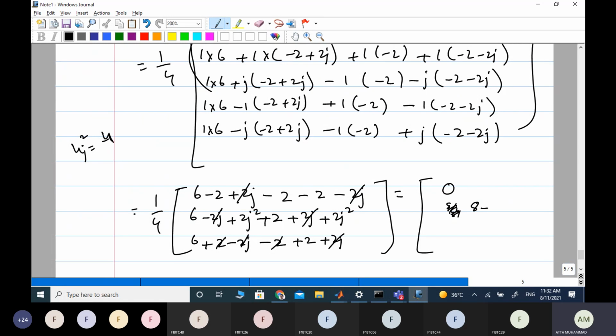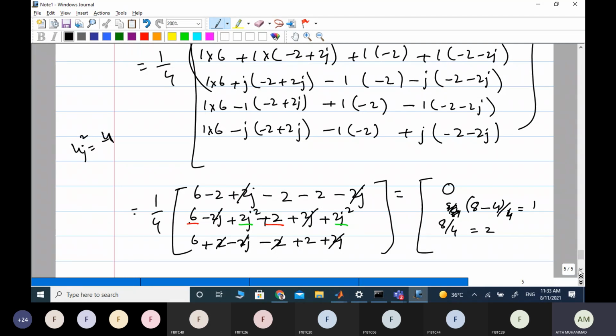This is 8 and minus 4, because when this is added with this term we get 8, but when these two terms are added, 4j square is minus 4. So again, when we divide it with 2 we get 8 minus 4 is 4. 4 divided by 4 is 1. Now it's okay. So from here we have 6 plus 2 is 8, and 8 divided by 4 is 2 again, right?